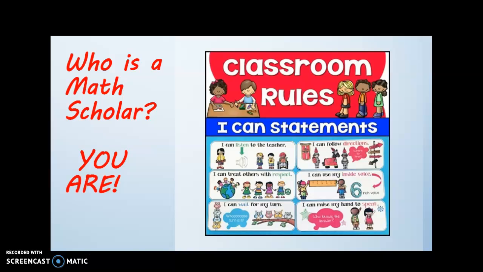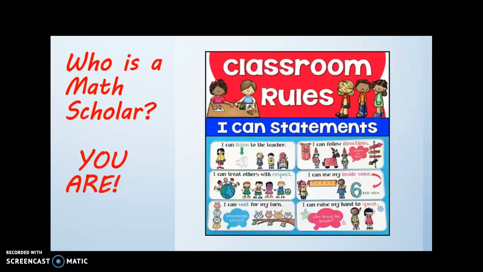Now, let's go over some classroom rules because we want to make sure we're managing our math classroom well. It's not just me, it's you too. We're going to do it together. Now, we're going to say these statements together, okay? I can statements.